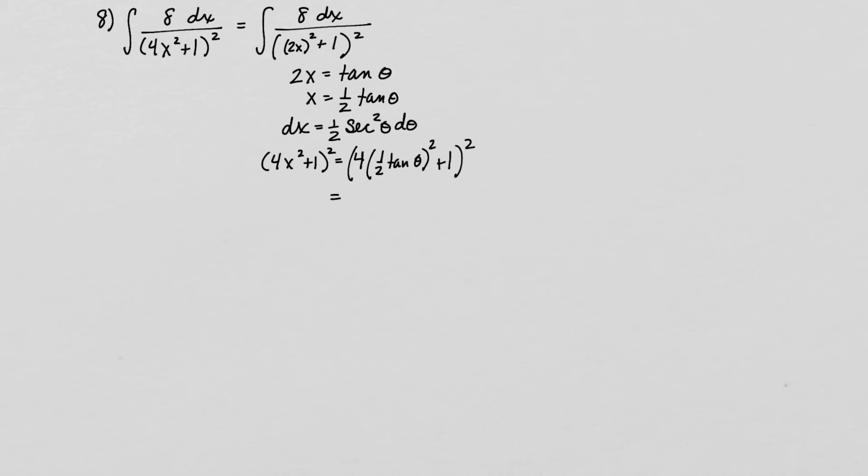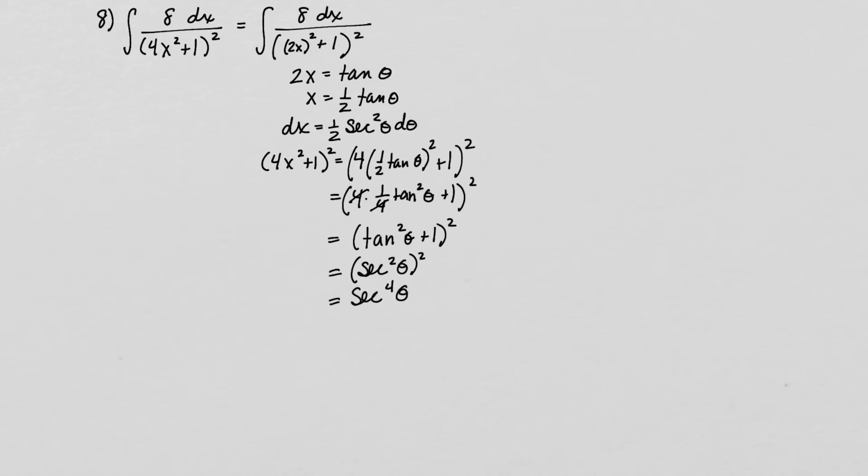So this is going to end up being 4 times 1/4 tangent squared theta plus 1 squared, or the 4's are going to cancel out. So we end up with tangent squared theta plus 1 squared. Tangent squared theta plus 1 is secant squared theta. So we have secant squared theta squared, which is going to be secant to the 4th theta.